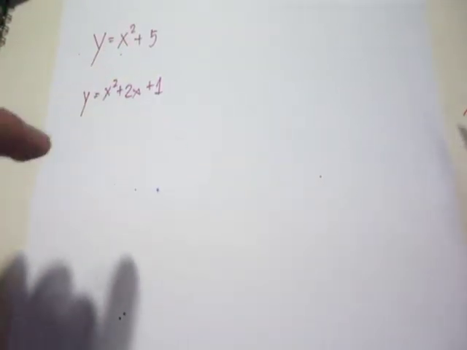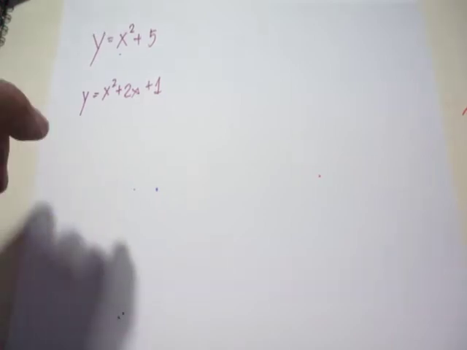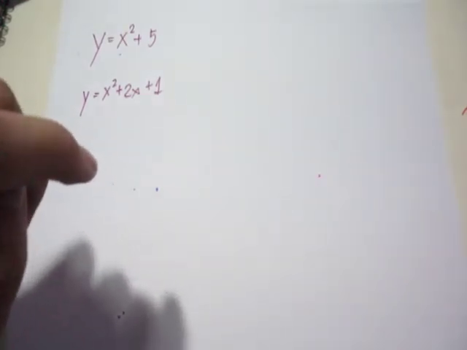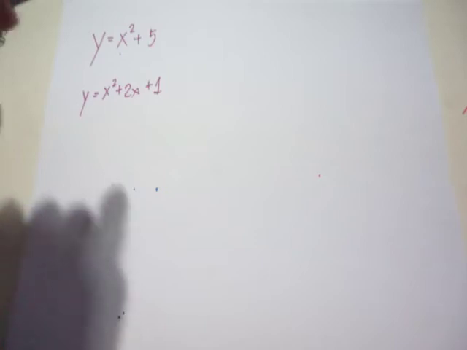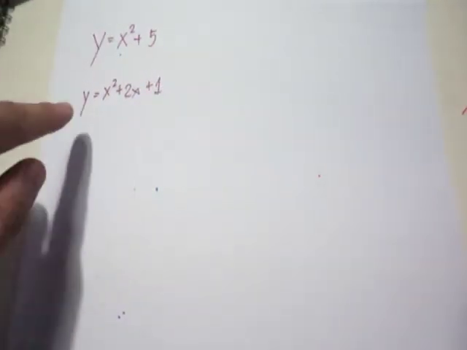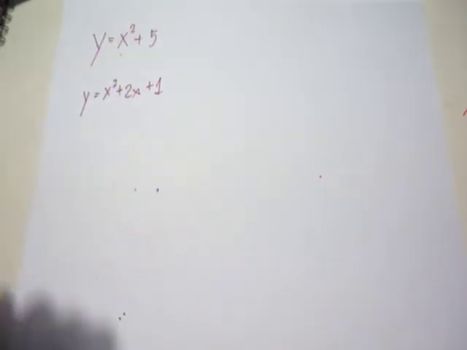So now we're gonna try to solve the equation of the intersecting parabolas. So we have the two equations, y equals x squared plus 5 and y equals x squared plus 2x plus 1. So what we're gonna do first is make them equal to each other.